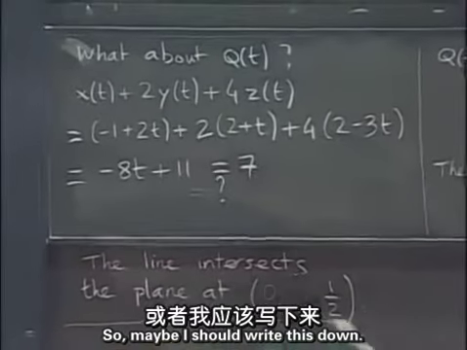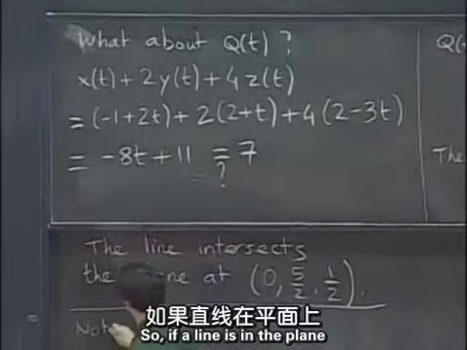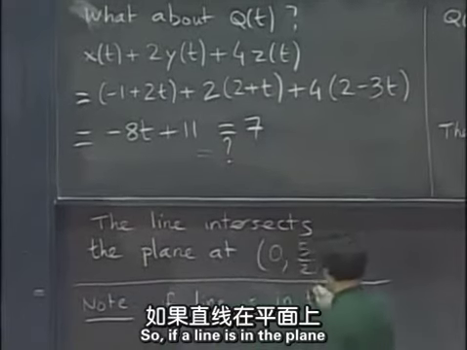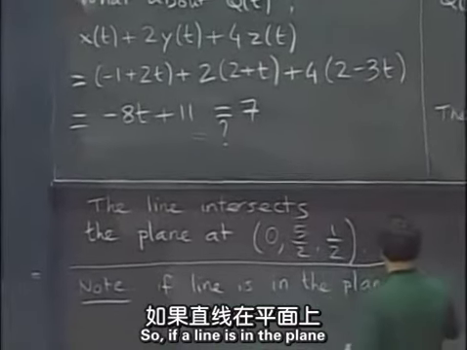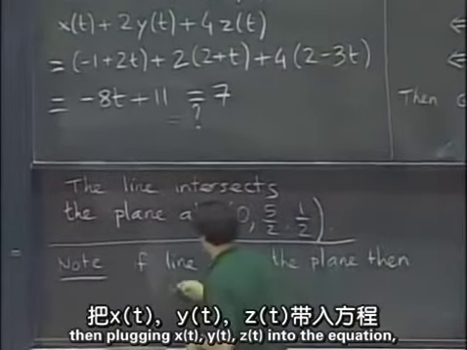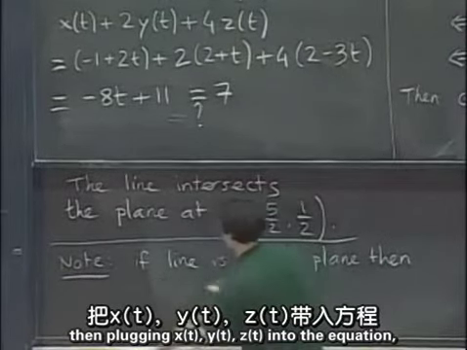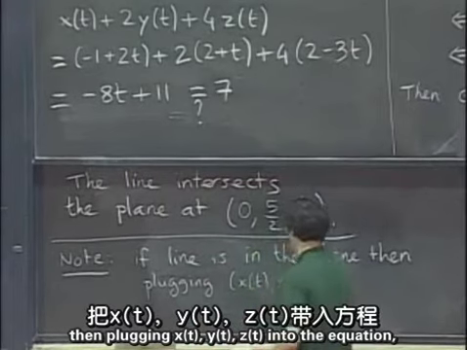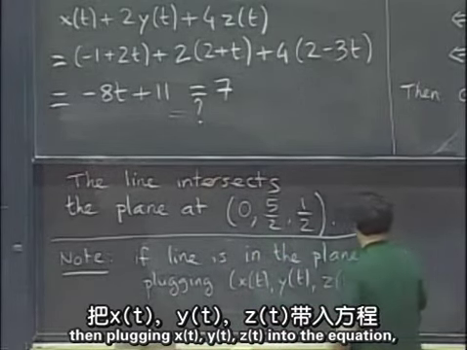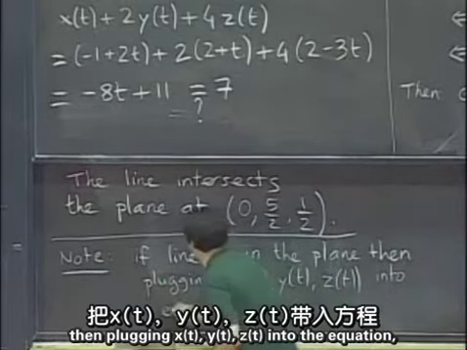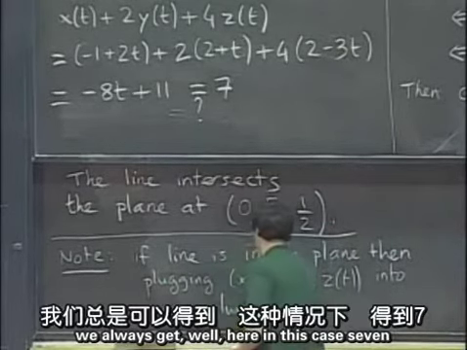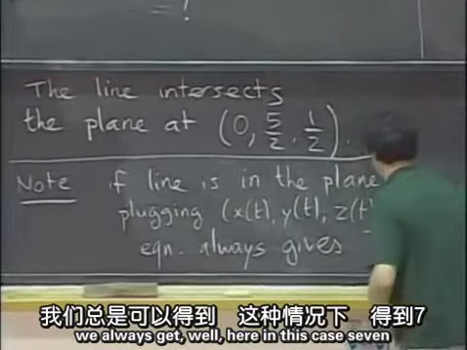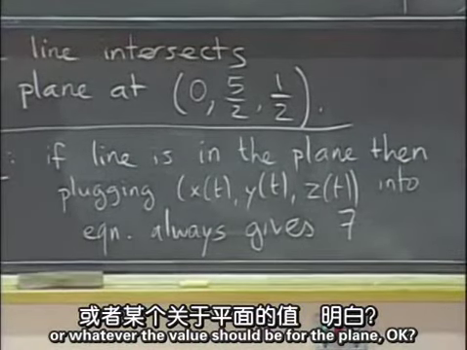So maybe I should write this down. If a line is in the plane, then when we plug x of t, y of t, z of t into the equation, we always get, in this case, 7, or whatever the value should be for the plane.